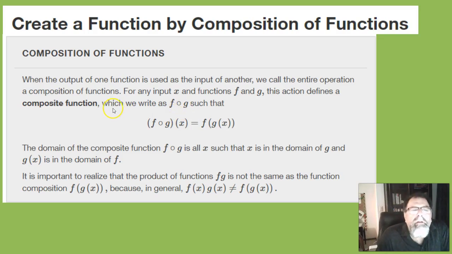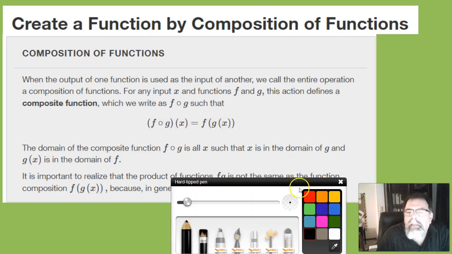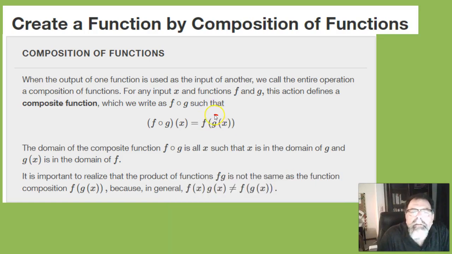Okay, so this action defines a composite function, which we write as f composed with g, such that f composed with g of x is defined to be f of g of x. So the thing that you have to understand for this notation is, think of it this way, you work from the inside.